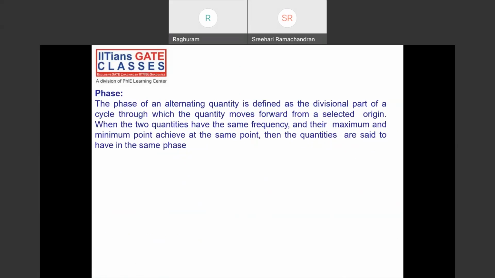What do you mean by phase? Phase is the divisional part of the cycle through which the quantity moves forward from the selected origin. That means if I take this as 0, the phase for this is 0.